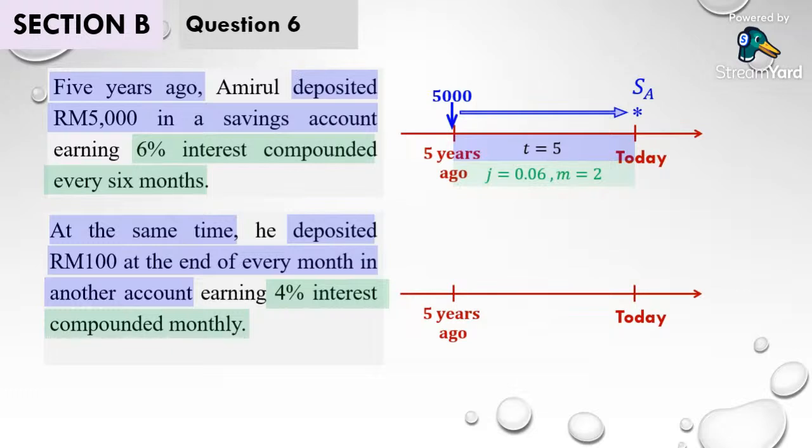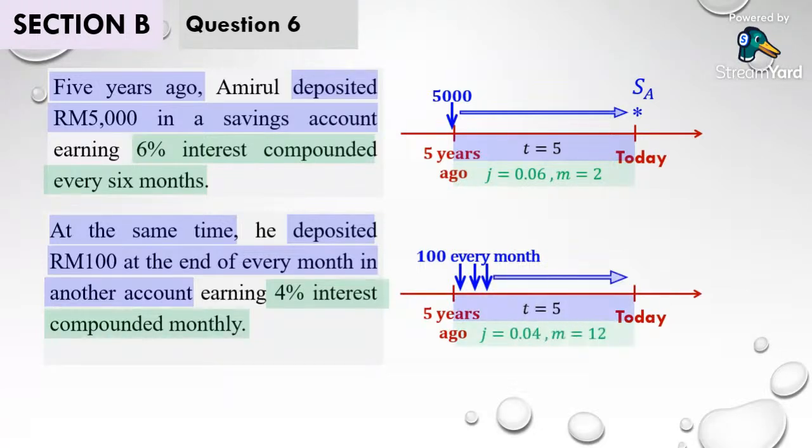So in this case here, what we find out is that it earning 4% interest compounded monthly. So the situation is happening that in this timeline here, 100 is deposited in the next account every month and run for 5 years, which t equals to 5. And the J is 0.04, M equals to 12 according to the information of the question.